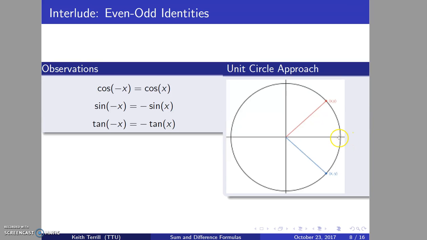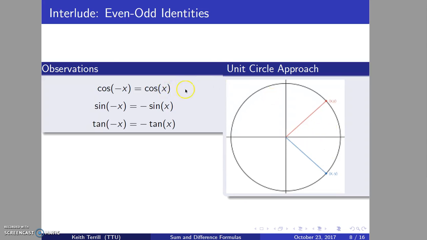Right, so on our unit circle approach, we start at (1, 0), and let's say I rotate some amount theta, or I move some distance theta about the unit circle. Well, that ends me up here at (x, y). Well, suppose instead I had gone clockwise by that same amount. I had gone negative theta. Then I would end up at this point here, which is (x, negative y).